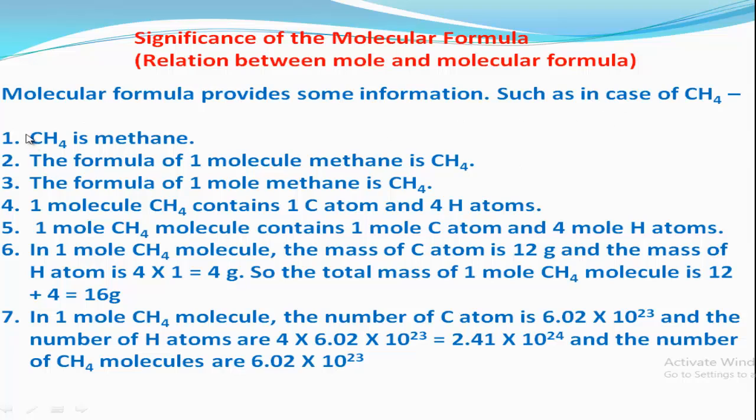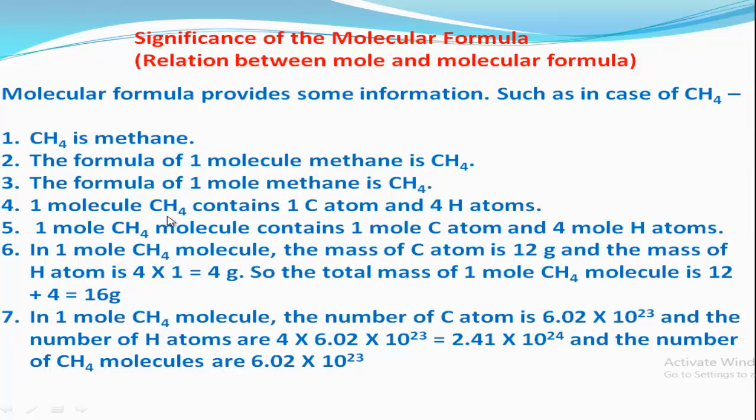CH4 is methane. That means the name of this formula is methane. The formula of one molecule of methane is also CH4. The formula of 1 mole methane is also CH4. That means CH4 indicates the formula of 1 molecule methane, and also the formula of 1 mole methane. And also 1 molecule methane contains 1 carbon atom and 4 hydrogen atoms.